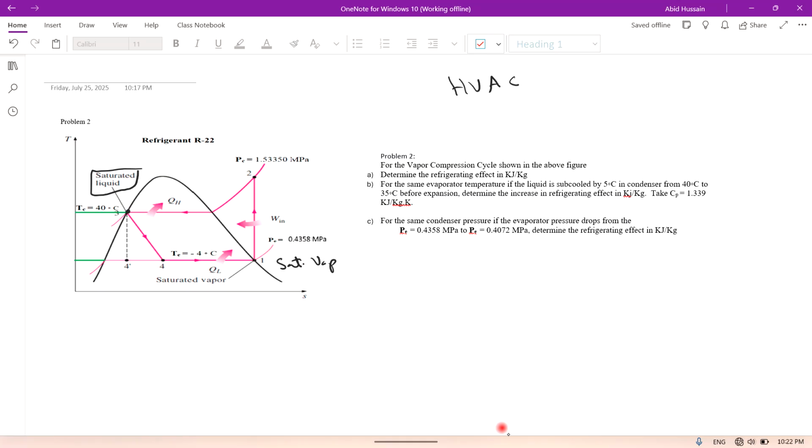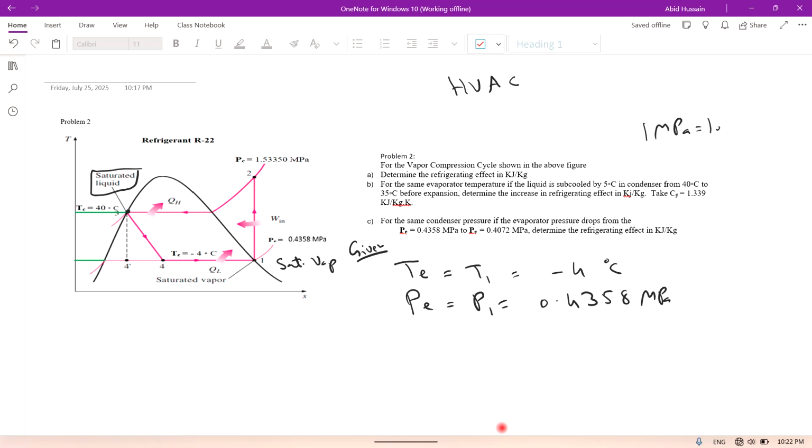So the problem statement is, for the vapor compression cycle shown in the figure, the temperature of the evaporator T1 is given as -4 degrees centigrade, and pressure in the evaporator, which is P1, is given as 0.4358 megapascal. 1 megapascal is equal to 10 bar, so multiplying by 10, this will be equal to 4.358 bar.